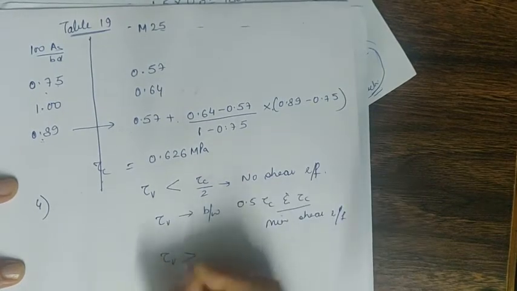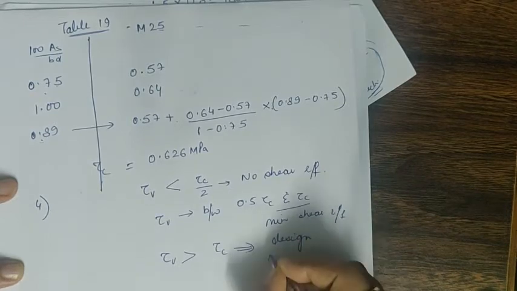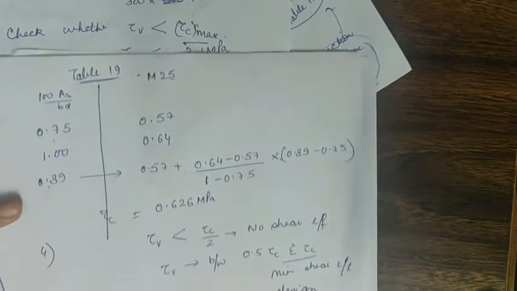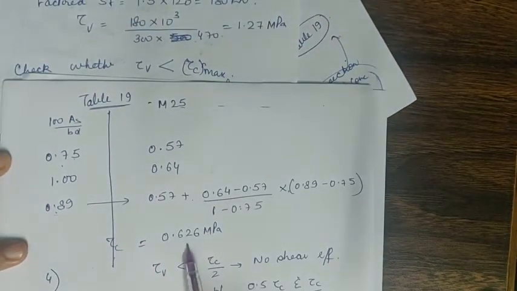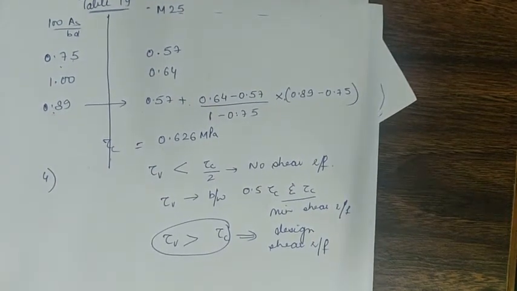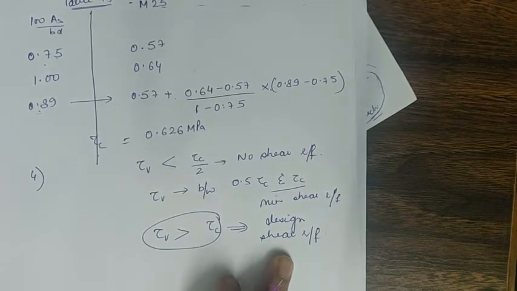If tau V is greater than tau C, I'll have to design the shear reinforcement. Now you see, the value of tau V is 1.27 megapascal. The value of tau C is 0.626. So it means in our case, tau V is greater than tau C. So I'll have to design the shear reinforcement.